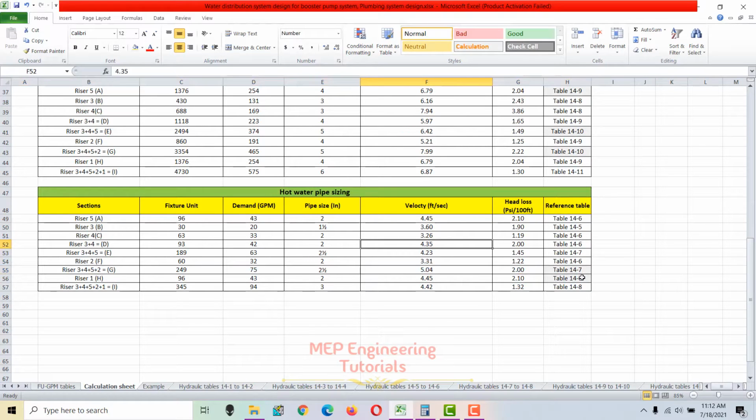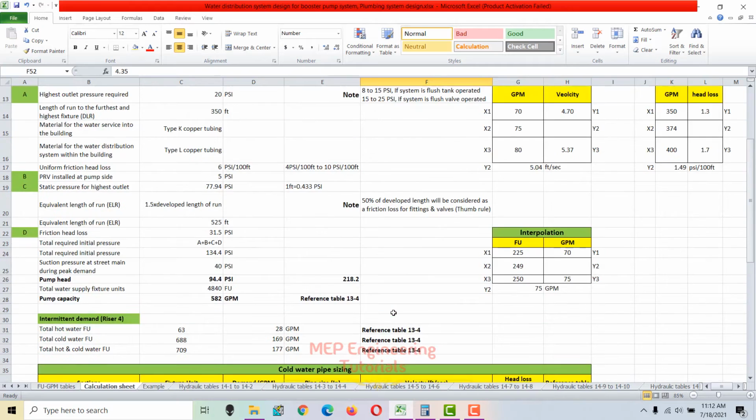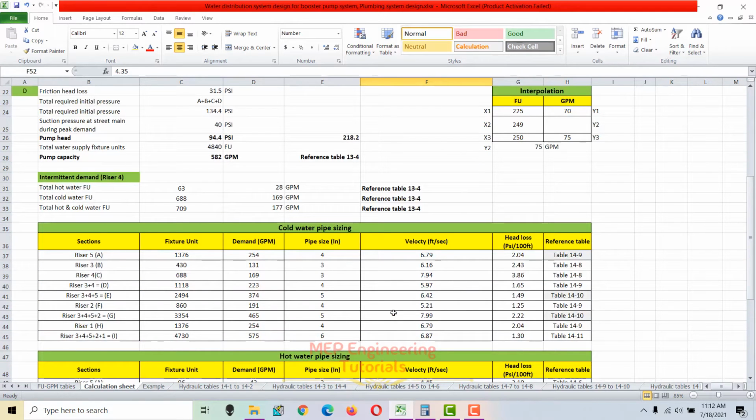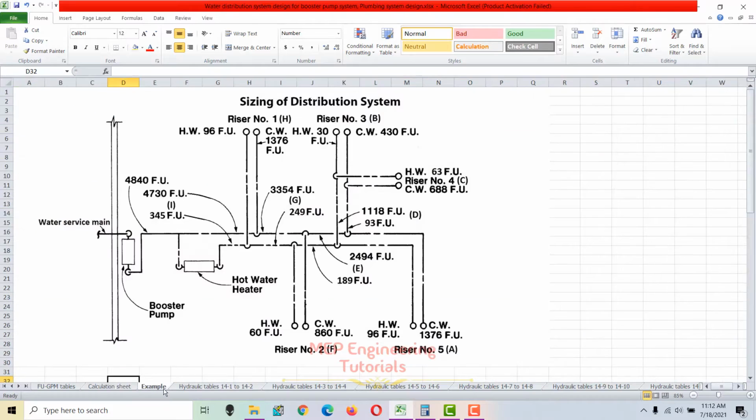In the same way, you have to calculate the pipe sizes for all other sections, as I have written here in the table. The last thing I have to tell you is that you have to calculate the pipe size for the section from the booster pump discharge up to the point where the connection is taken off to the hot water heater.